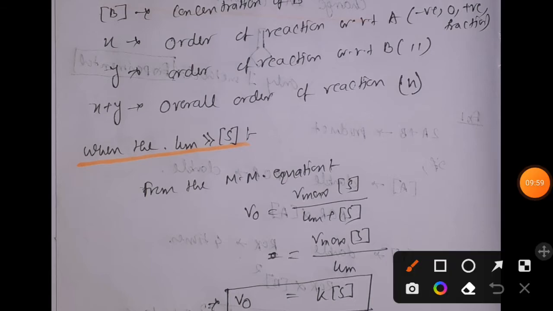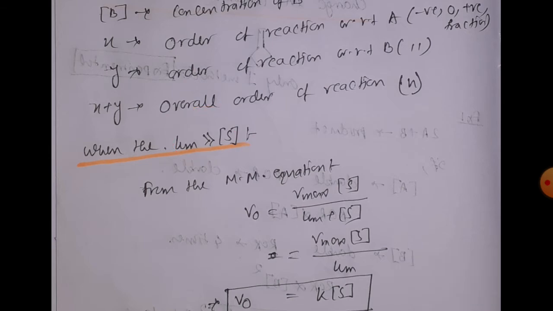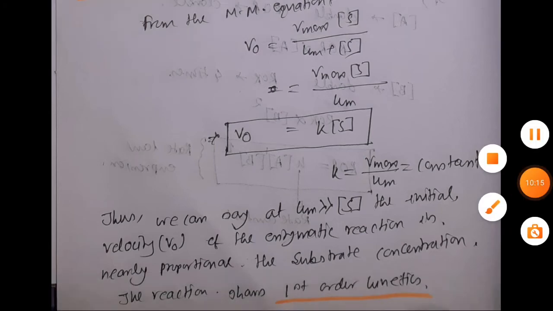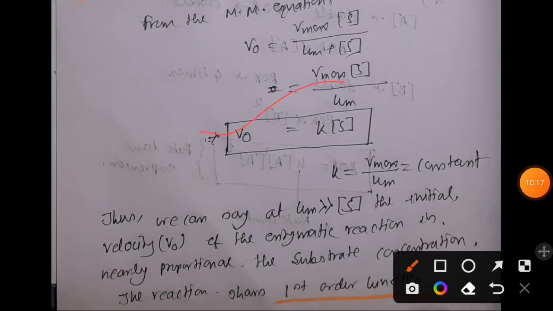Now in mathematical questions they will give you the condition that in that particular enzymatic reaction Km is much greater than substrate concentration, then they will give you the values and they can ask you the value of the initial velocity of the enzymatic reaction. So you have to calculate with the help of this formula. And an MCQ question may also come: at what condition can the enzyme catalysis reaction be an example of first order kinetics?